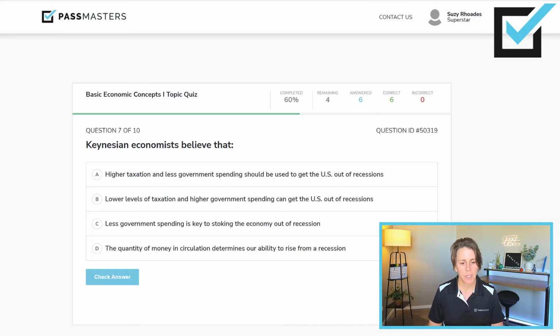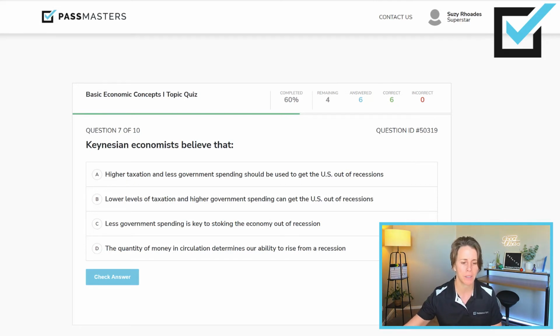Keynesian economists believe that choices include higher taxation and less government spending should be used to get the U.S. out of recessions. Lower levels of taxation and higher government spending can get the U.S. out of recessions. Less government spending is key to stoking the economy out of a recession, or the quantity of money in circulation determines our ability to rise from a recession.